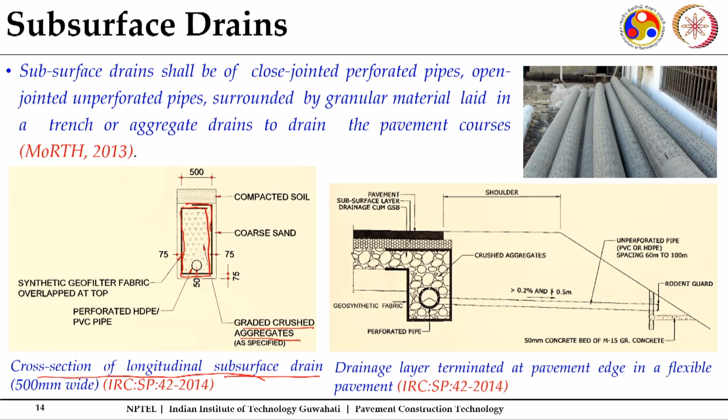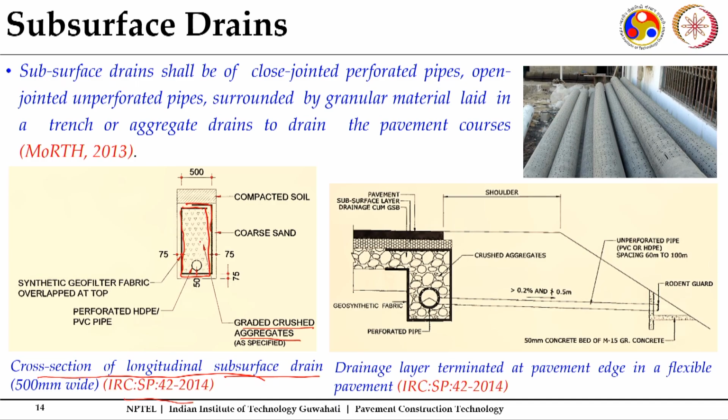So their designs are also given as per IRC guidelines. It says IRC SP 42 is to be followed. Here this can be a geosynthetic, a synthetic geofilter, which prevents any intrusion of fines into this aggregate gradation, and outside here we can put a coarse sand bed also. And on the top you have the compacted soil.